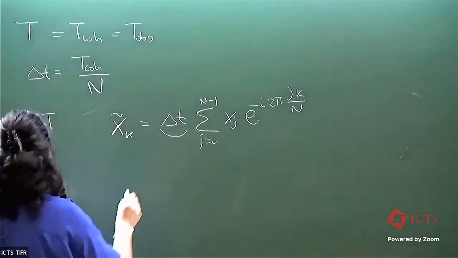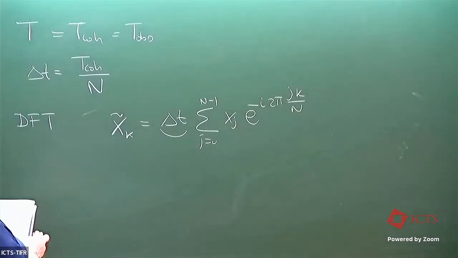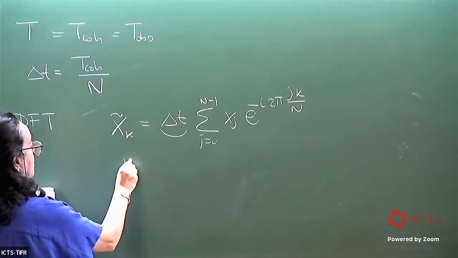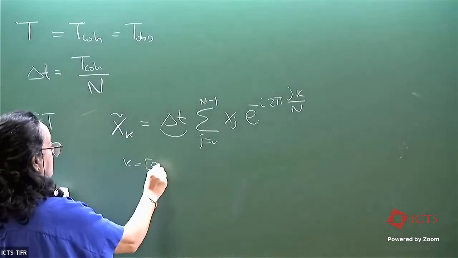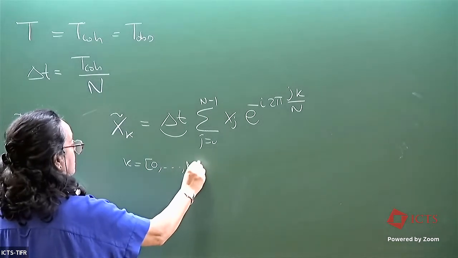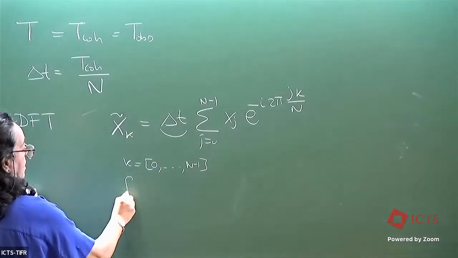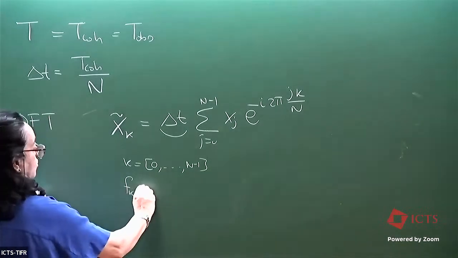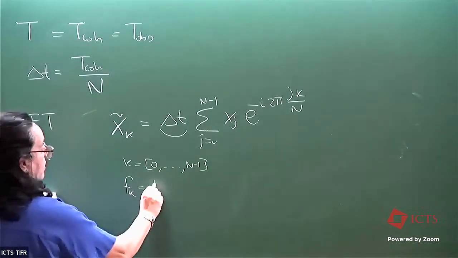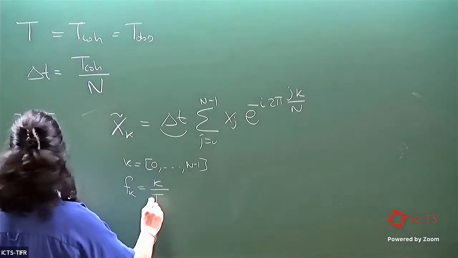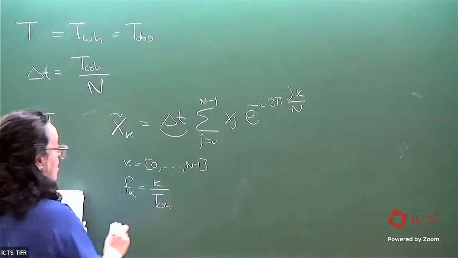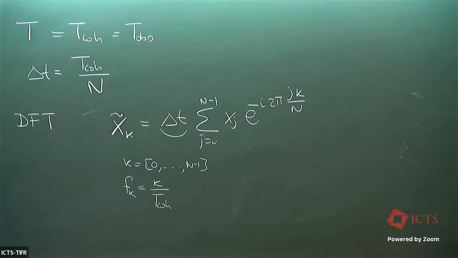This normalization factor here is important, and k can take the values between 0 and N minus 1, and this corresponds to the Fourier frequencies, as I was talking about yesterday, of k times the discretization in the Fourier domain. That is the full duration of this interval.